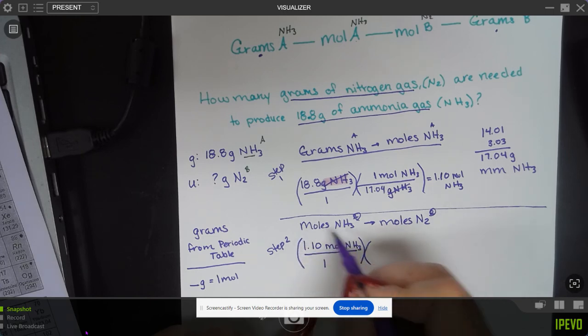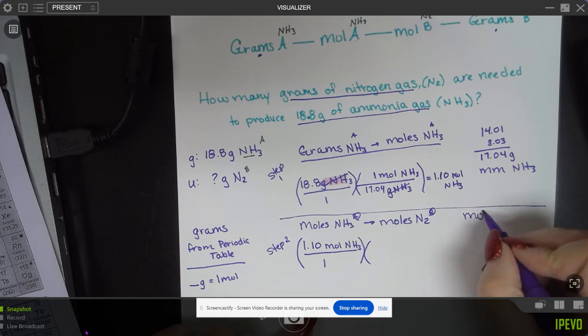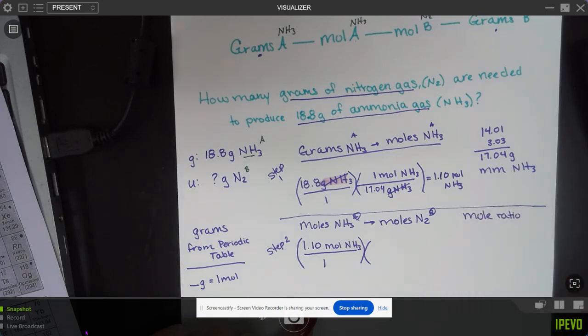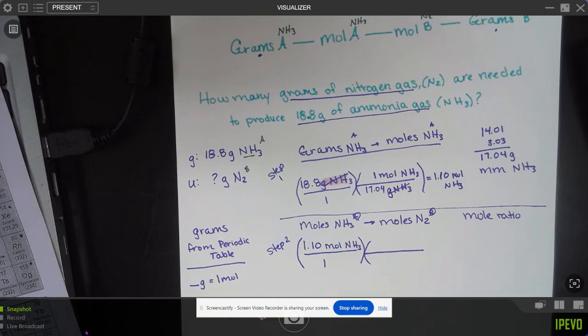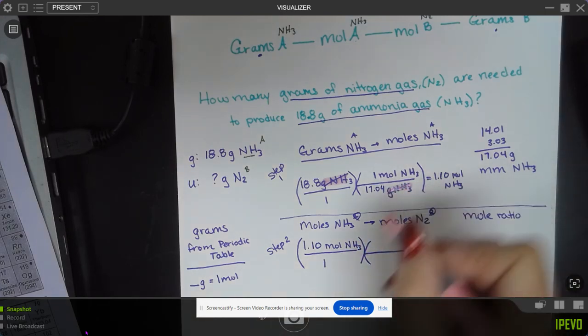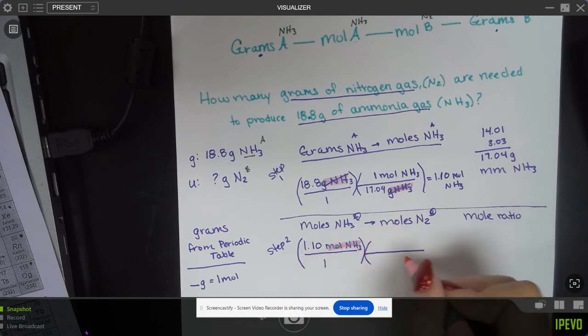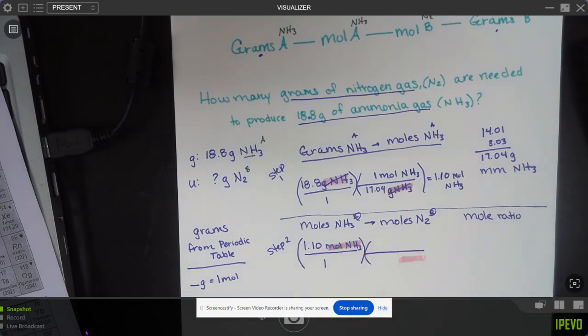When I'm going from moles to moles, I use the mole ratio from the balanced chemical equation. Just like here, whatever's here has to come down here diagonally.